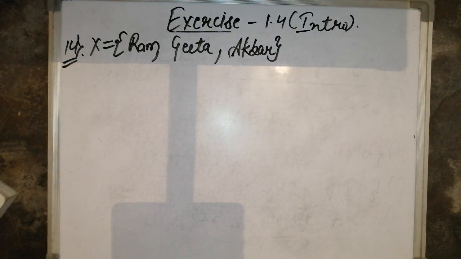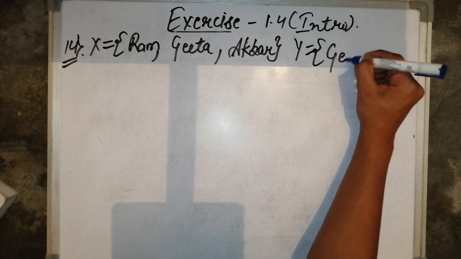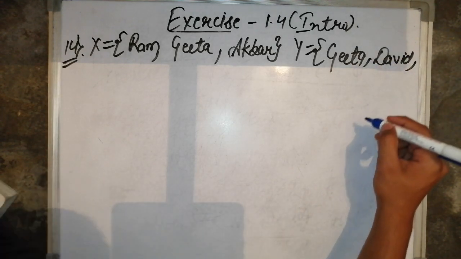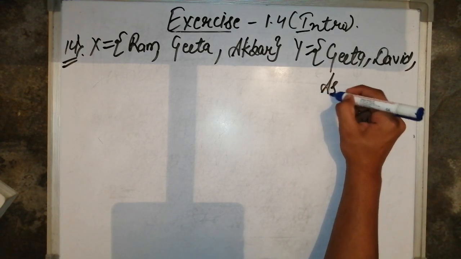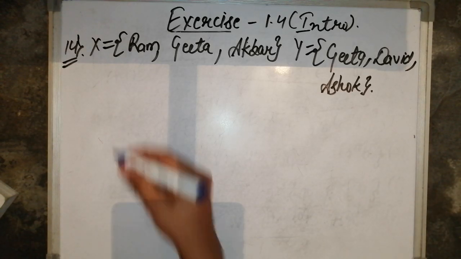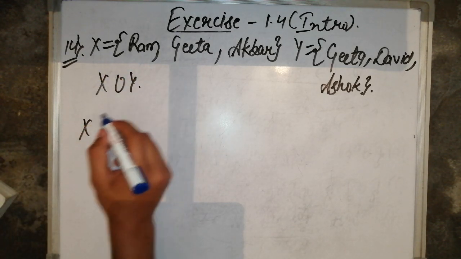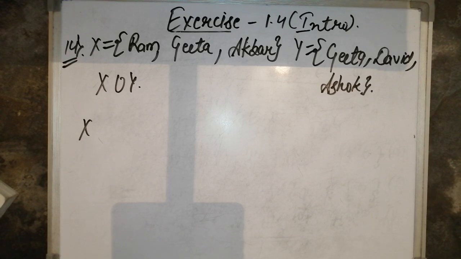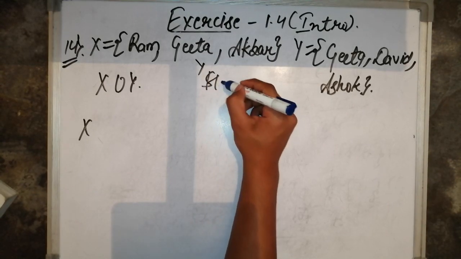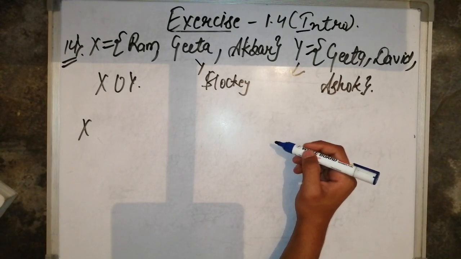And Y set is Geeta, David and Ashok. Okay, what we need to find out is X union Y. So let's note that the X set is the students of class 11th who are in school hockey team, and Y is for football.